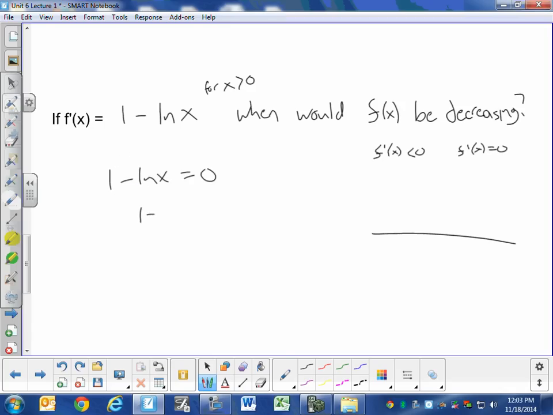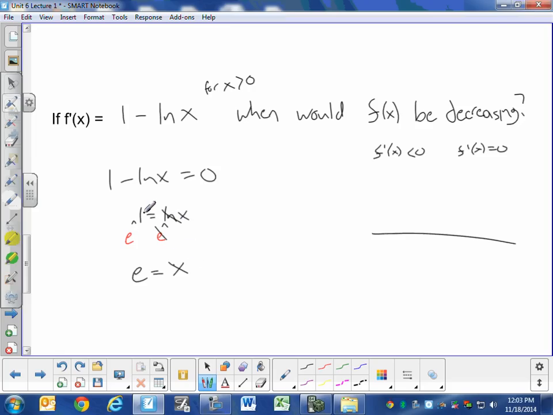Now if I solve, I get log x is equal to 1. Now I got to figure out what x is. This is one of those times where you would use your inverse to figure out that x has to be equal to e. So I use e to the power of both sides to free up x from the clutches of log, so that I just kind of cancel this stuff out and leave us with x.